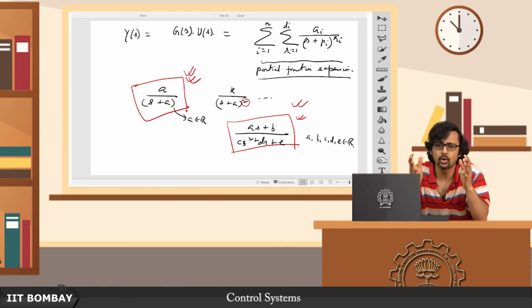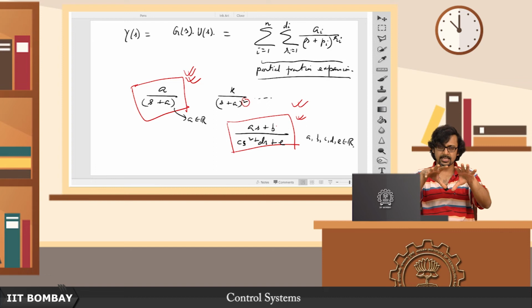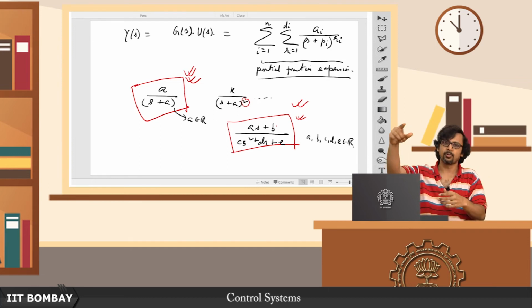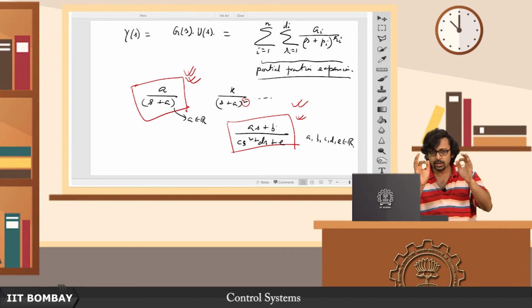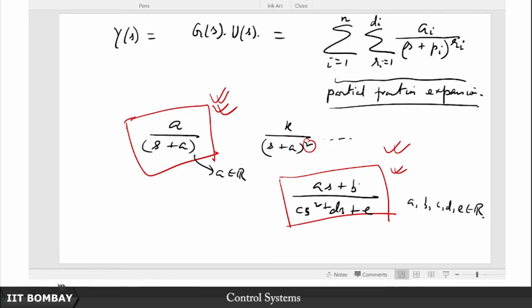But remember, if you are talking to a non-technical person who does not have any background of controls, that person will be totally flummoxed if you are just talking about poles and zeros of systems. So that person has probably applied a step signal to a black box and has seen the response on an oscilloscope, and he or she understands the system's performance by some layman's terms, or simpler terms, such as you look at a response, how soon it attains a steady value, how soon it rises, how much of an overshoot it has.